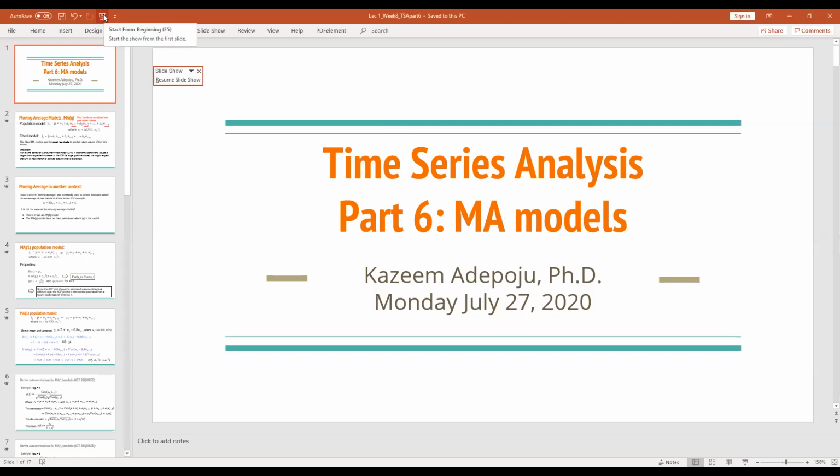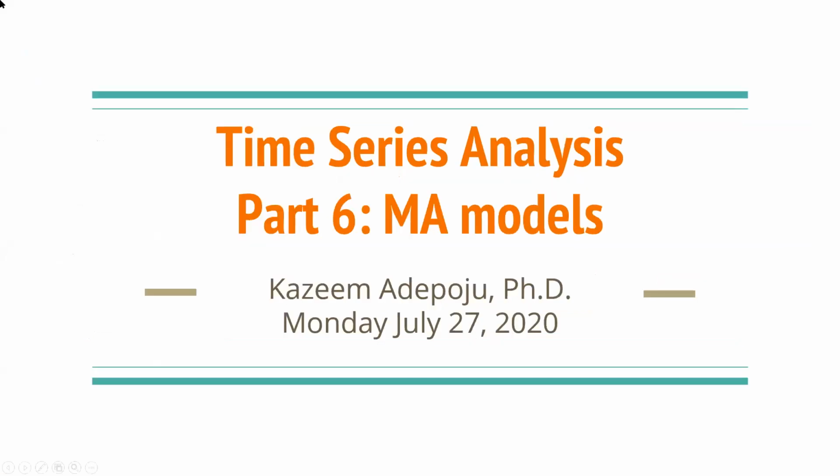It's a lecture on time series modeling, which covers some moving average models. Like I said, I've walked you through different kinds of models in time series. This is going to be another one.